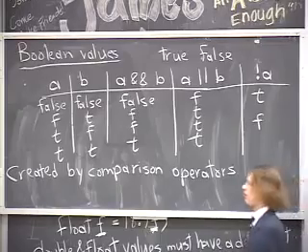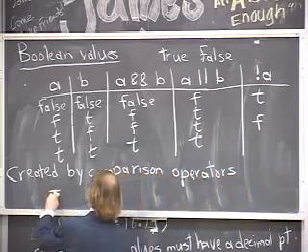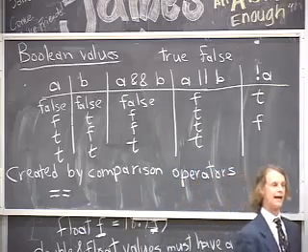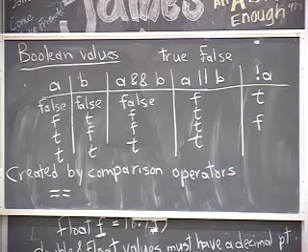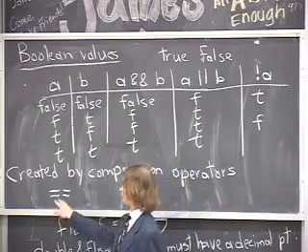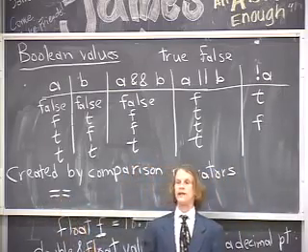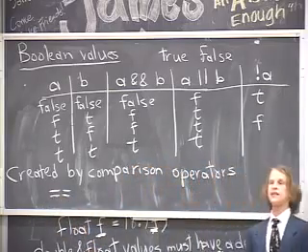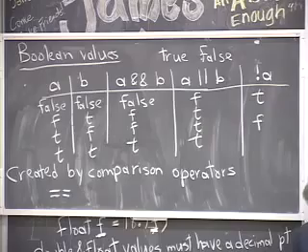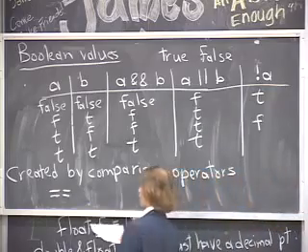You can test whether two things are equal to each other by writing two equal signs in a row. This is one of the disadvantages of the design of Java and C, is that this is used for mathematical equality, and a single equal sign is used for assignment. That's not how most languages do it, and it's really not a very good decision, but we're stuck with it because C became so popular.